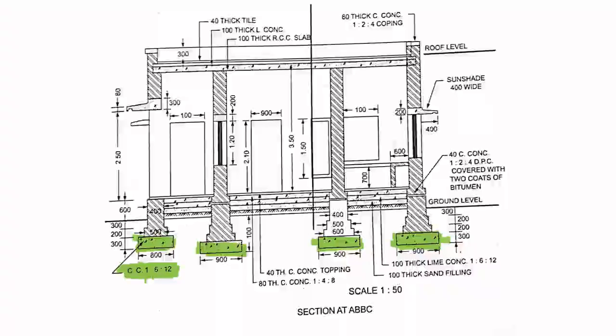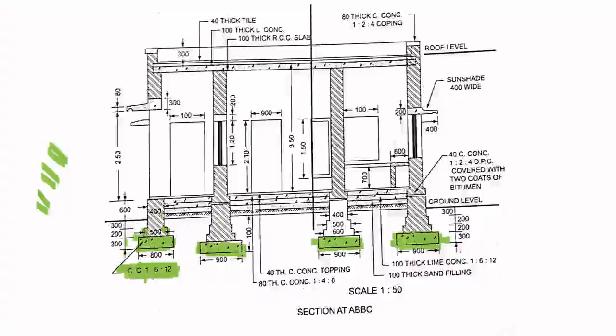Okay, so above that, in the place of veranda, next the thickness is 500 mm brick masonry. This double line symbol represents brick masonry of 500 mm and above that 400 mm. The height of this cement concrete is 300 mm.